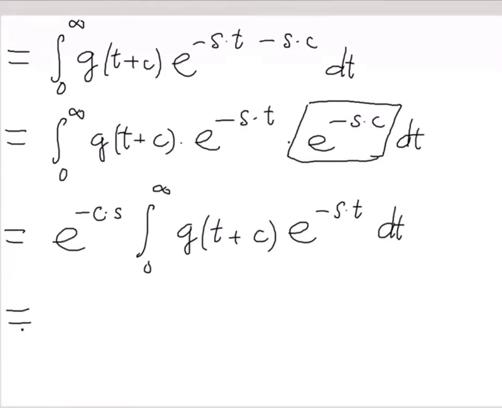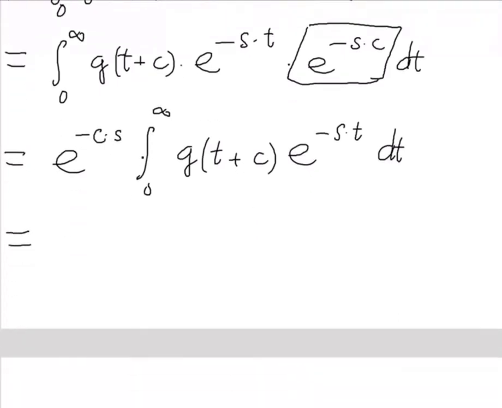Now, in order to have a formula, we're going to do one more step. In the integral, the variable is t, but we know from calculus 1 that for a definite integral, it doesn't matter what name of the independent variable we're using, because after all, it will just give us a number, independent of the variable we are integrating.